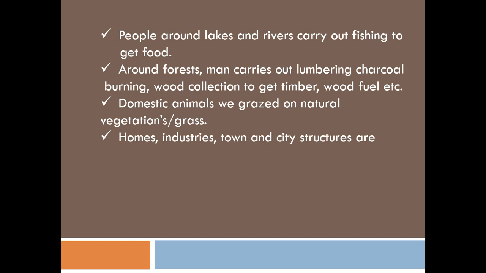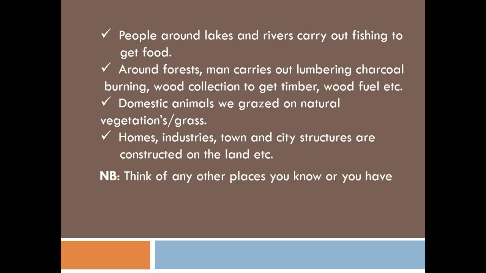Then homes, industries, towns and cities are constructed where there is land. So the land helps us to construct our homes, industries, cities and others. That is how we make use of the environment. That is how the environment affects us.